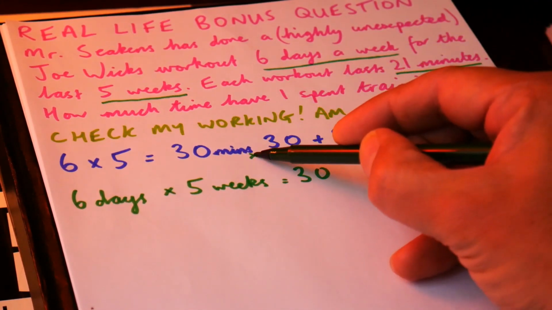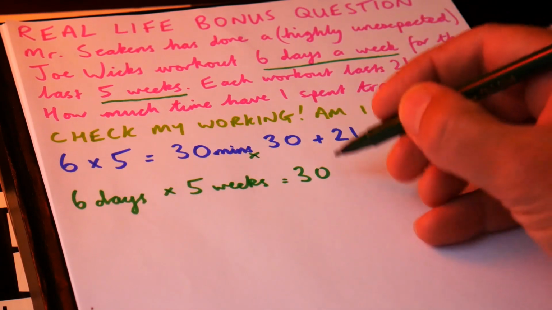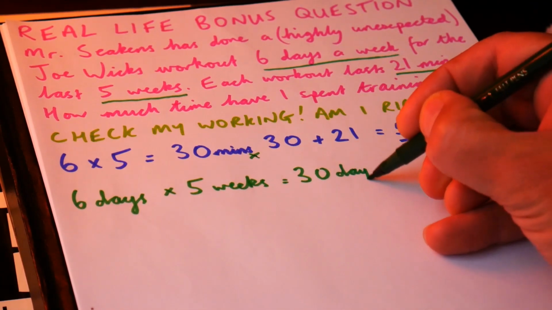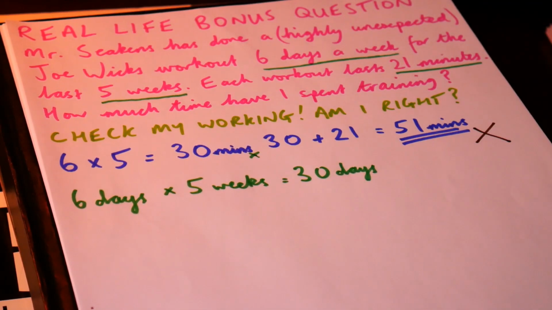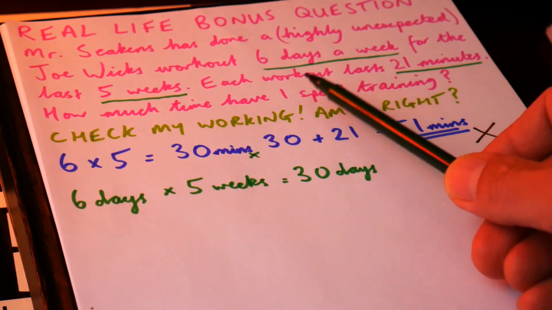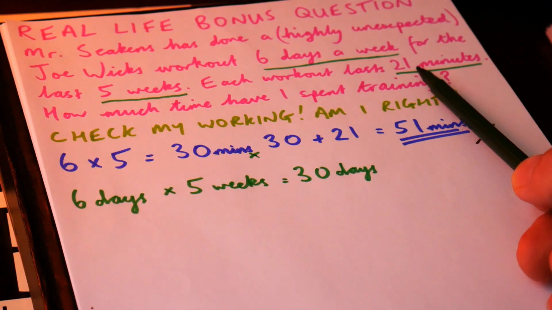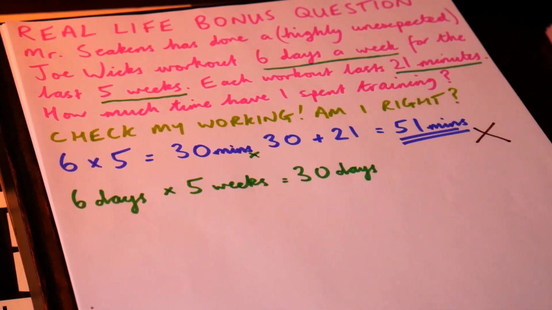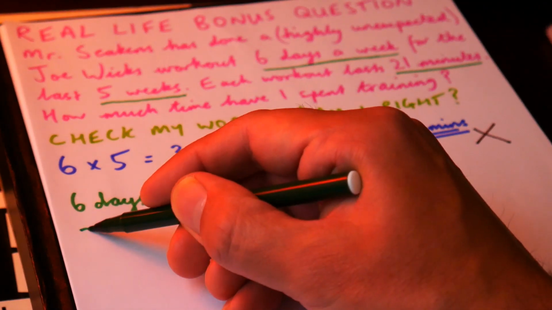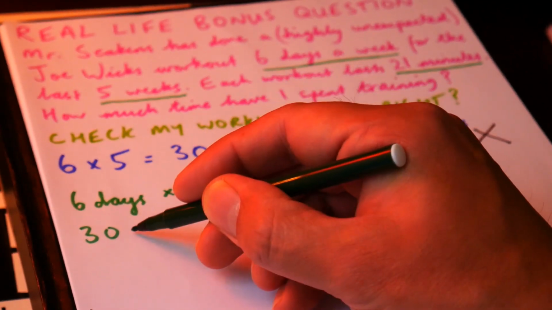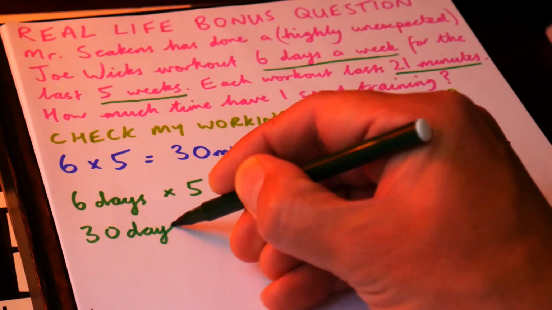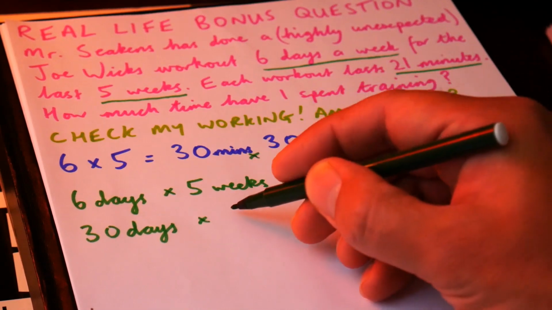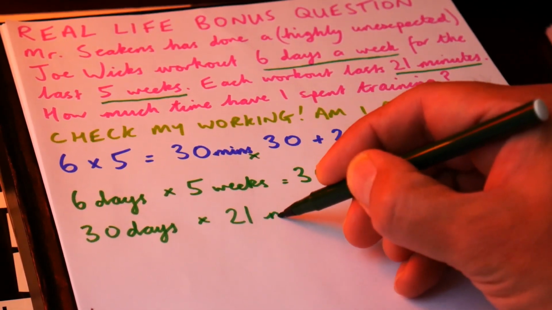Because that gives us how many days I trained for. And then, if each workout lasts 21 minutes, we need to do 30 times those 21 minutes. So let's write that down. 30 days times 21 minutes.